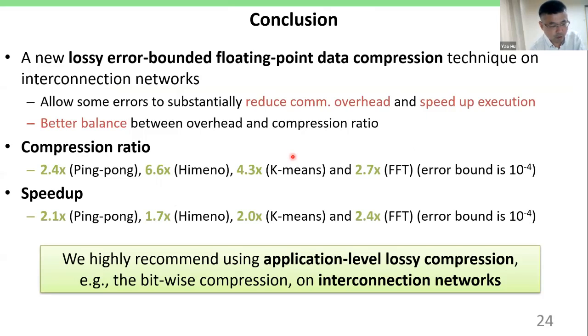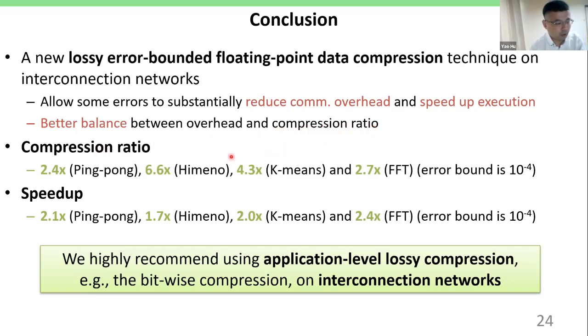So to the best of our knowledge, this is the first work to apply the data compression technique to the interconnection networks. And our algorithm allows some errors to substantially reduce the communication overhead and speed up the execution. And also we get a better balance between the overhead and the compression ratio.